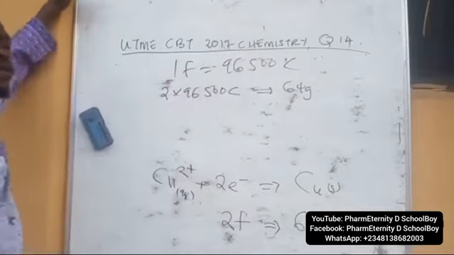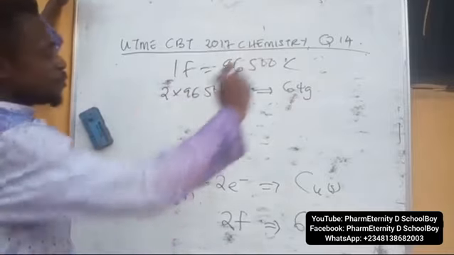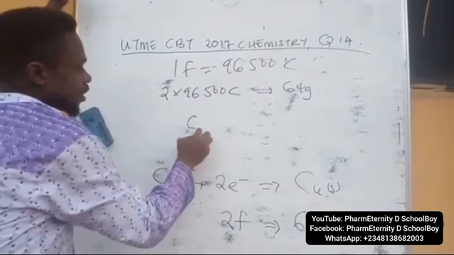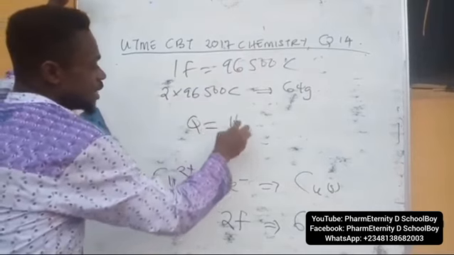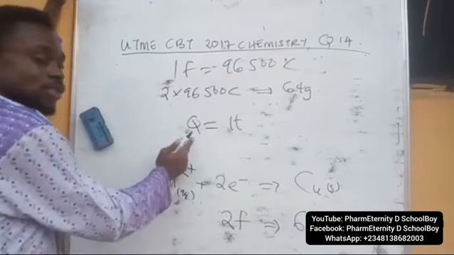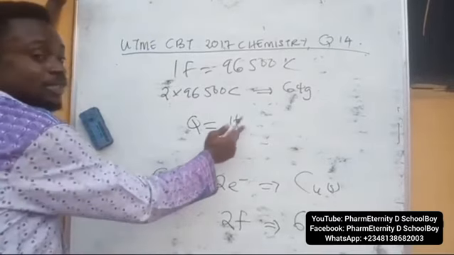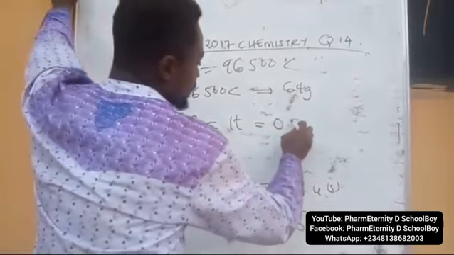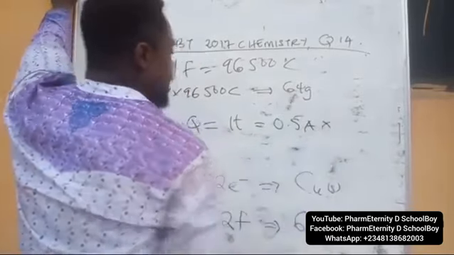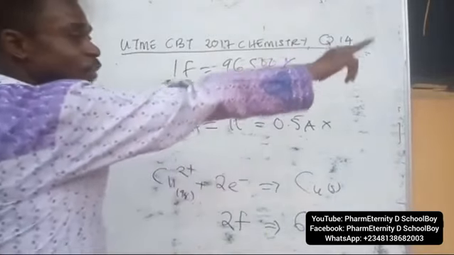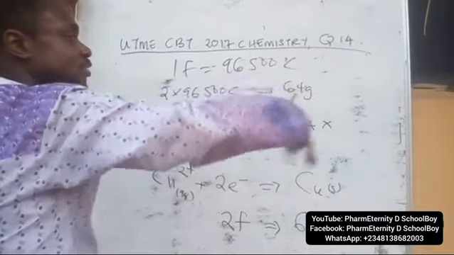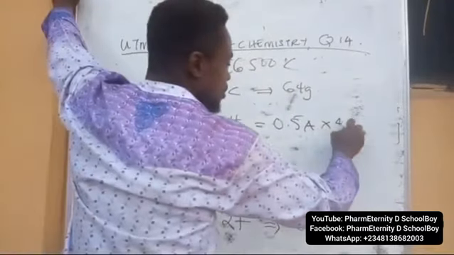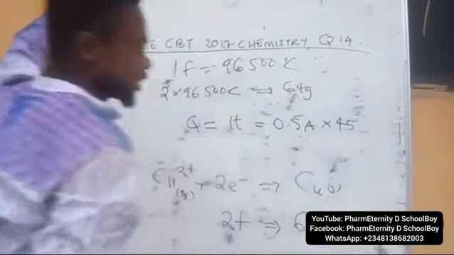But we are told, remember I said that Q is equal to IT. This is the quantity of electricity: the current times time. The current that was given is 0.5 ampere times the time. Time is given in 45 minutes, so we convert it to seconds.